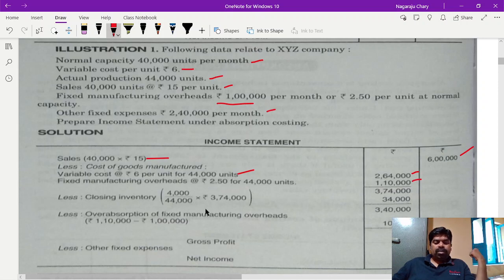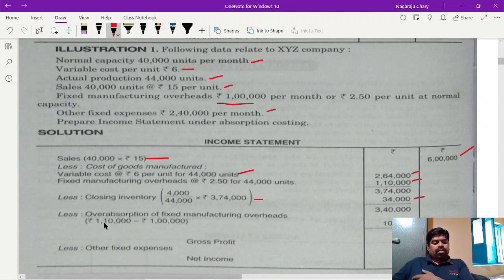So 4,000 by 44,000, then we get the closing inventory. For 40,000 there should be 4,000. Then how much will it be for 3 lakh 74,000? That is 34,000, calculated like this.